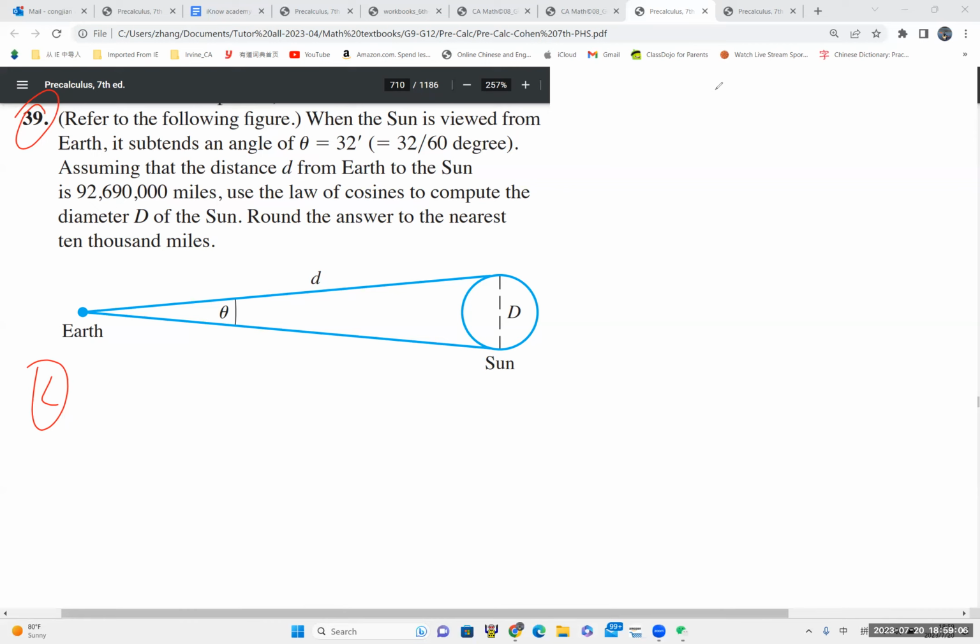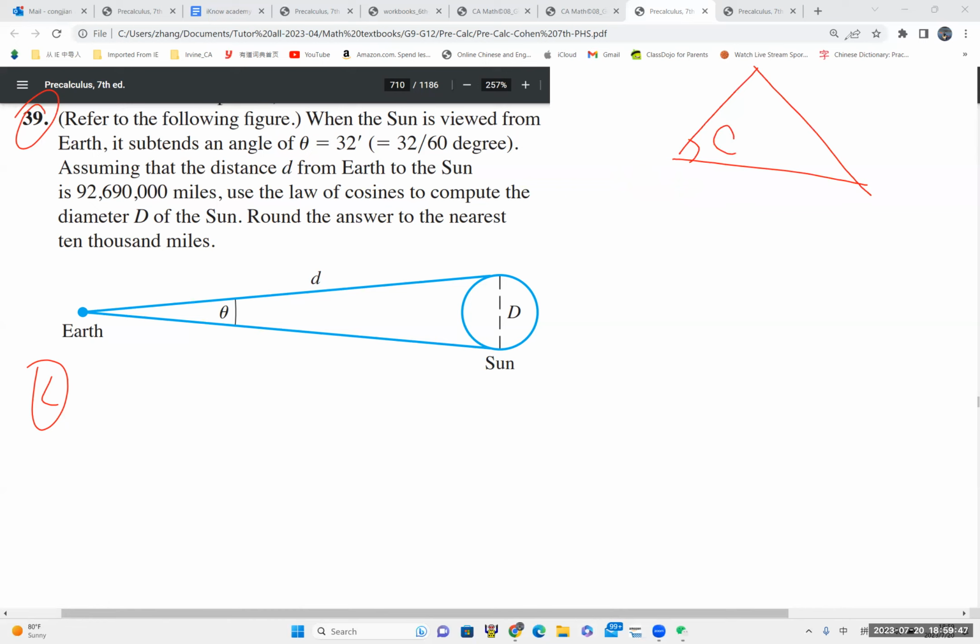Let me give you some hints. For a general triangle, we know this angle.